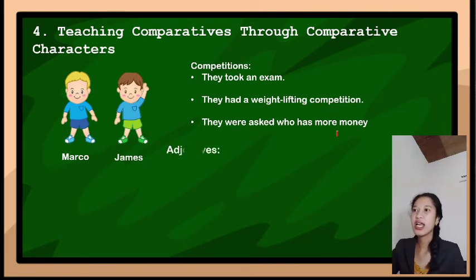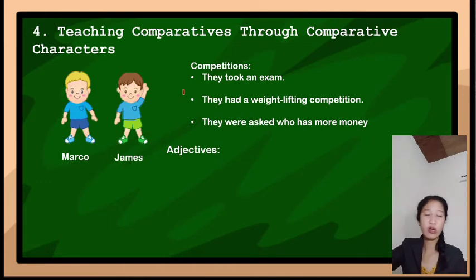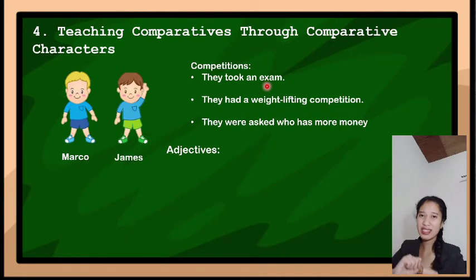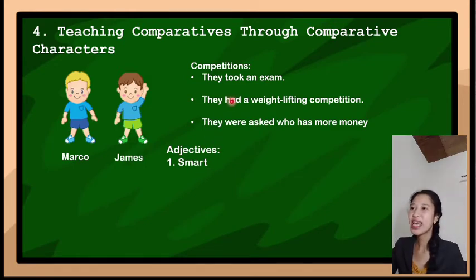Based on the competitions, what adjectives can be made in this first sentence? They took an exam. What is the adjective in order to win? In order to win in the examination, you need wit. You need to be intelligent. You need to be smart. Exactly. So the adjective for the first one is smart. The second one is a weightlifting competition.